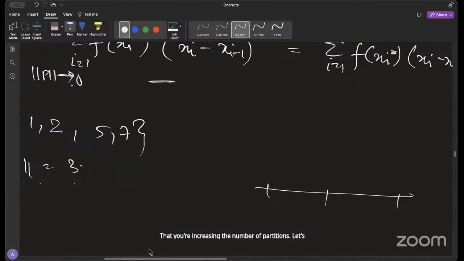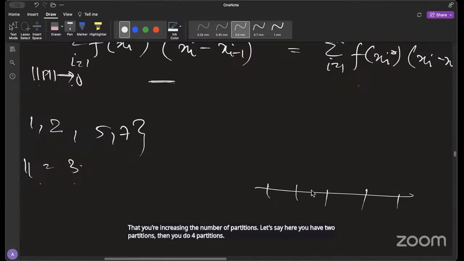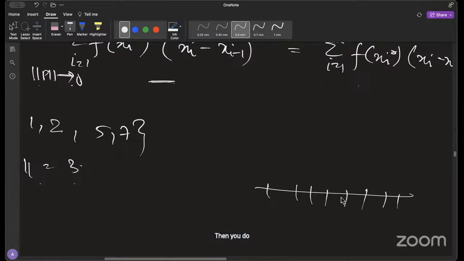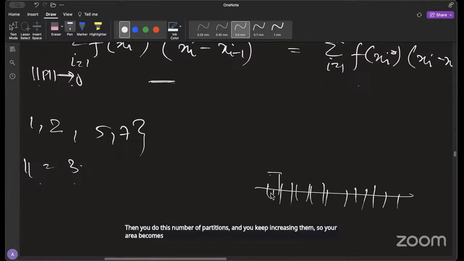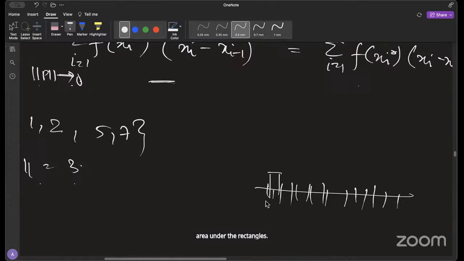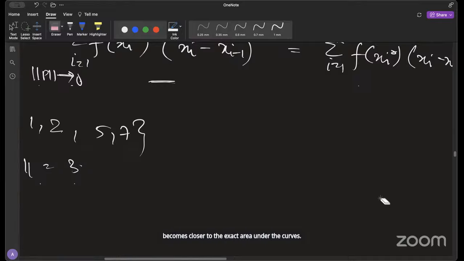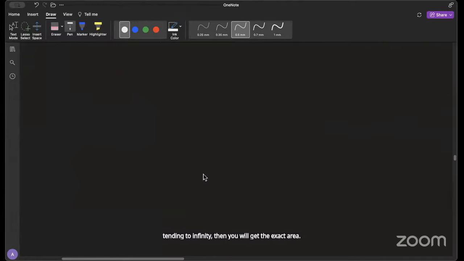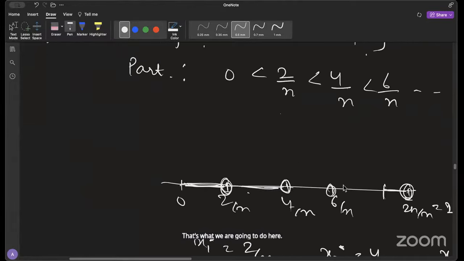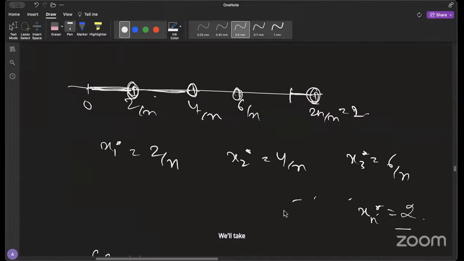Let's say here you have 2 partitions, then you do 4 partitions, then more, and you keep increasing them. So your area under the rectangles becomes closer to the exact area under the curve. If you take the number of sub-intervals tending to infinity, then you will get the exact area. That's what we are going to do here. We'll take n tend to infinity.